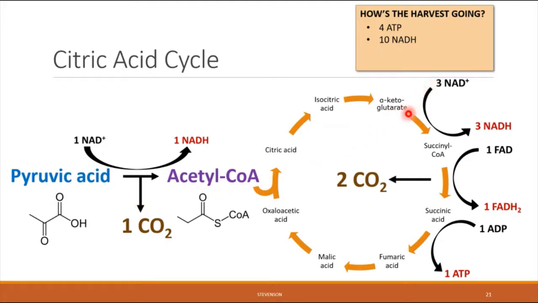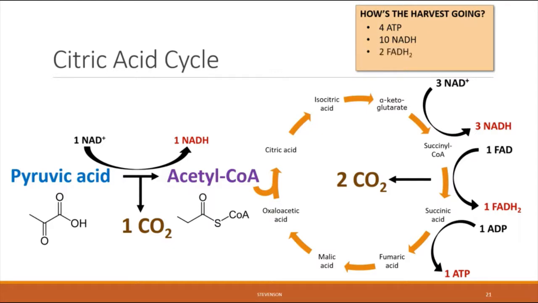And then finally, another 6 come from the citric acid cycle running twice to break down acetyl-CoA, and each of those times 3 is produced. So therefore, 6 plus 2 plus 2 from glycolysis gives us a running total of 10.